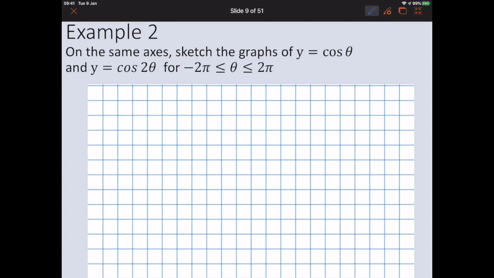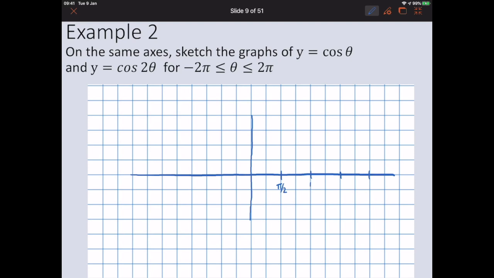Example 2. On the same axes, sketch the graphs of y equals cos theta and y equals cos 2 theta. This time in radians, for theta from -2 pi to 2 pi. Okay, so let's have a y-axis to begin with, and an x-axis. And we want to get to 2 pi, so that's 1, 2, 3, 4.